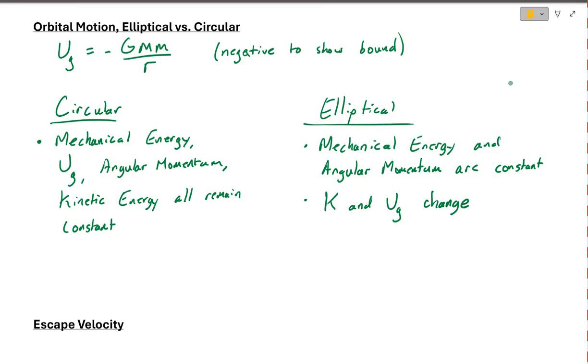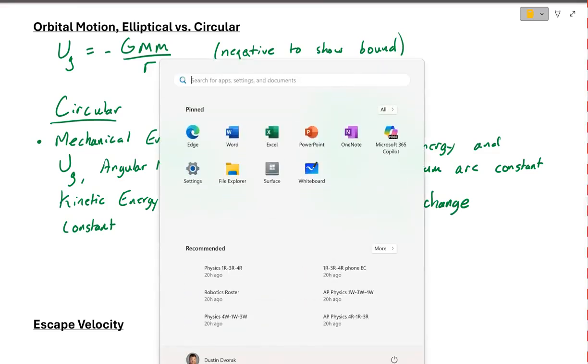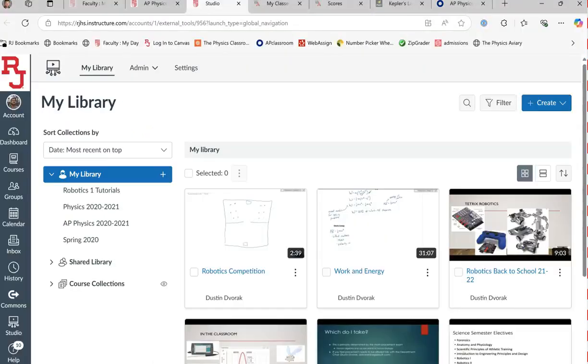So as my radius gets bigger, gravitational potential energy changes. And kinetic energy will change exactly opposite, so that my total remains the same. So does that mean the planet speeds up or slows down? Yeah. Exactly. The Earth is elliptical. Almost everything is elliptical.